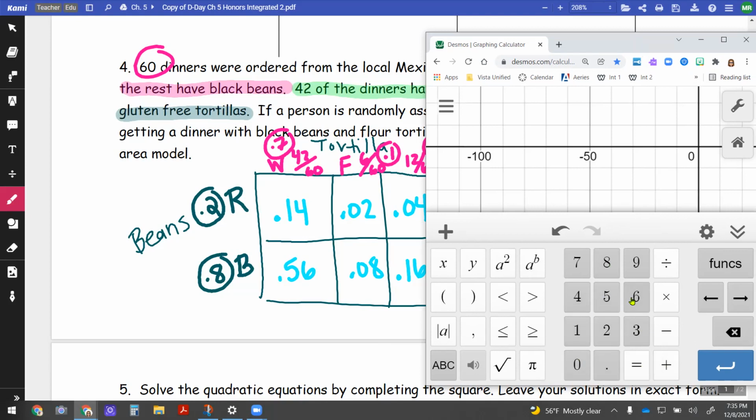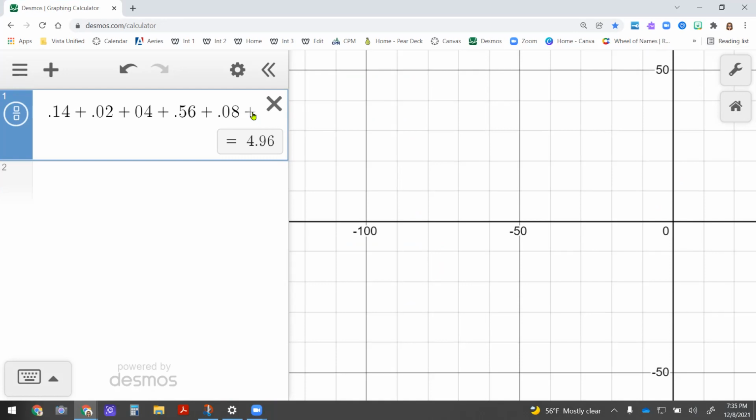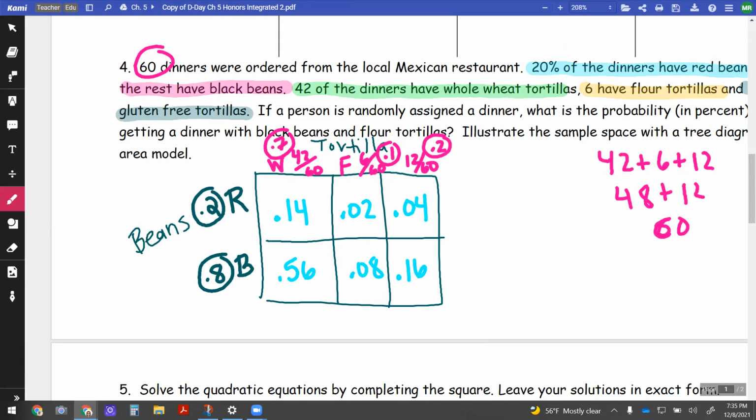That should add to 1 also. Okay, so let's see. When I do that, I do get 1. So you always want to make sure you get 1 before you figure out the rest of this problem.